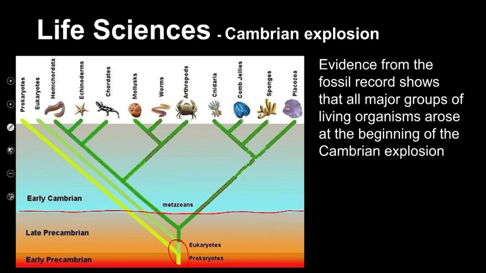But during the Cambrian explosion, as you can see, all of these different forms of life, for example, crabs, snails, lizards, starfish, all of those had their origin at the beginning of the Cambrian explosion. Even though what existed in the early Cambrian is slightly different in form to what we see today, the basic groups came into being.